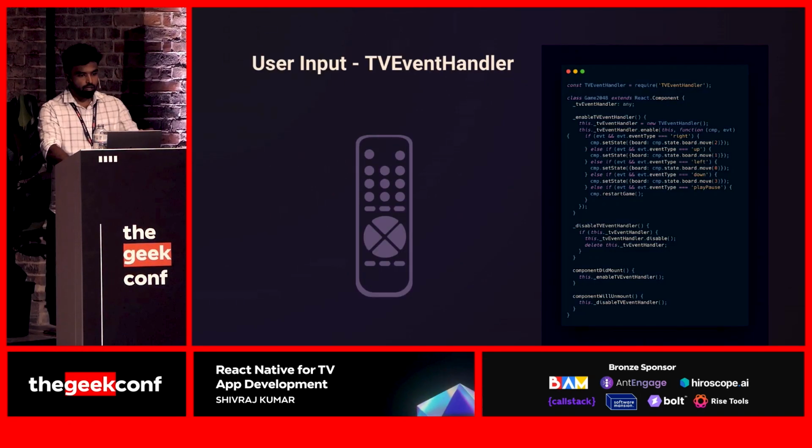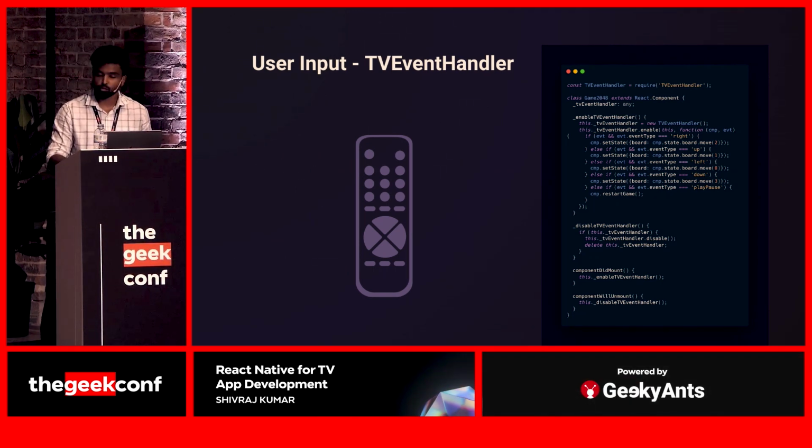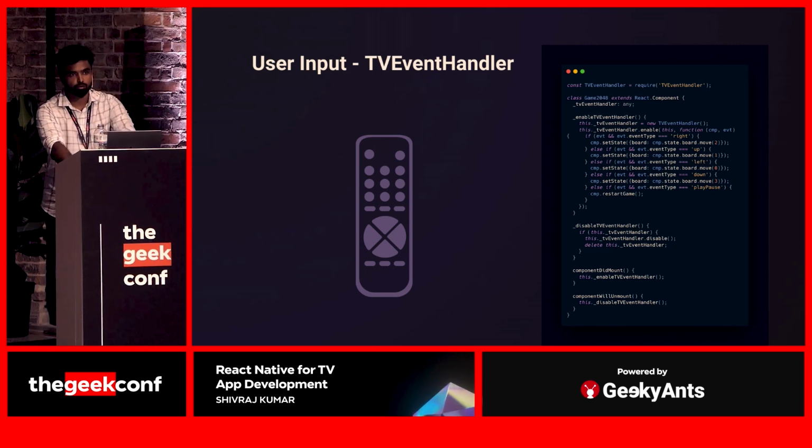In TV, primarily, it relies on remote controls where we click on buttons to interact with each element. When it comes to mobile, we can just see each element and tap on it, and we can interact with those components or navigate through different screens.